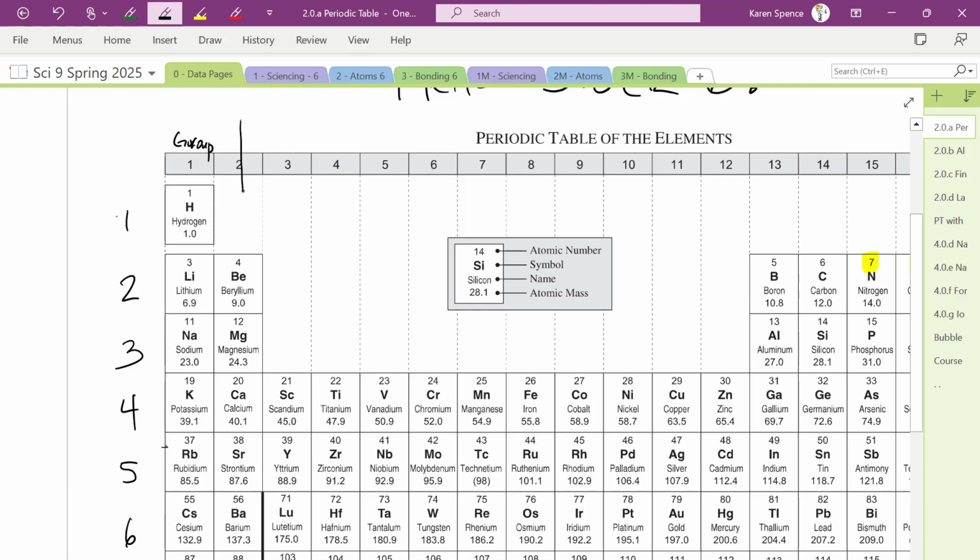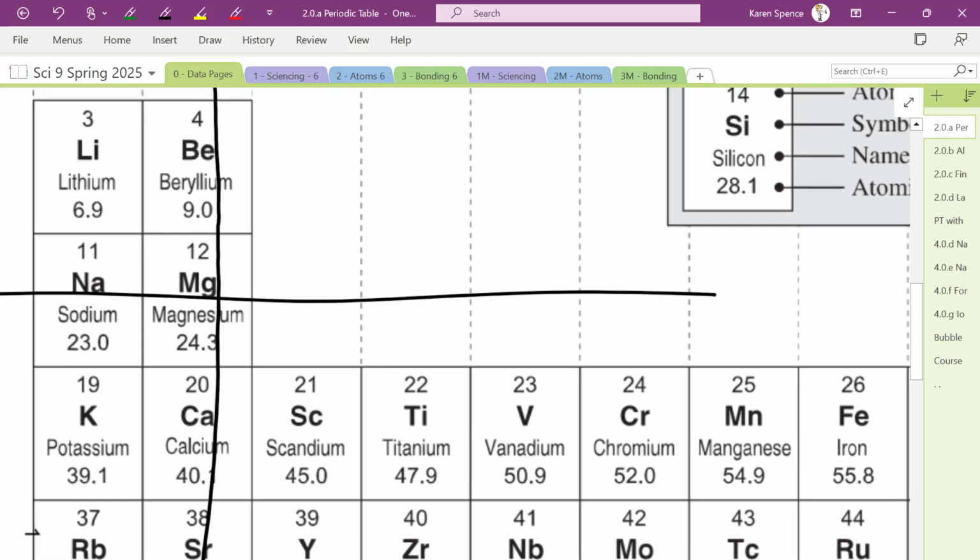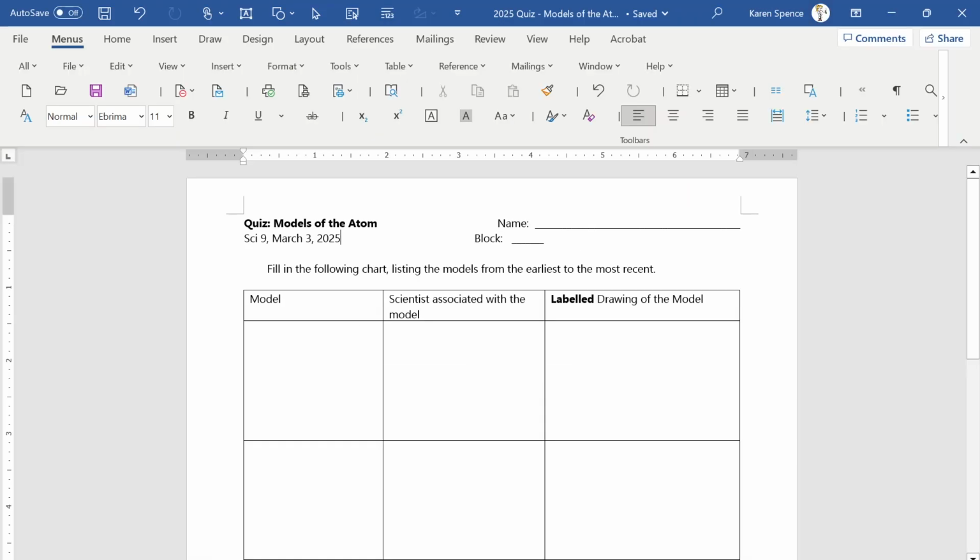So group 2 is this one. Period 3 is this one. Where do they cross? Magnesium.